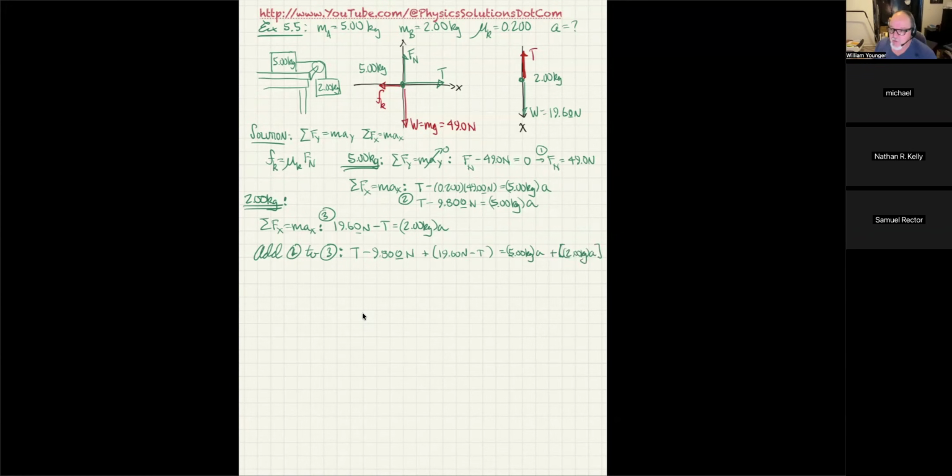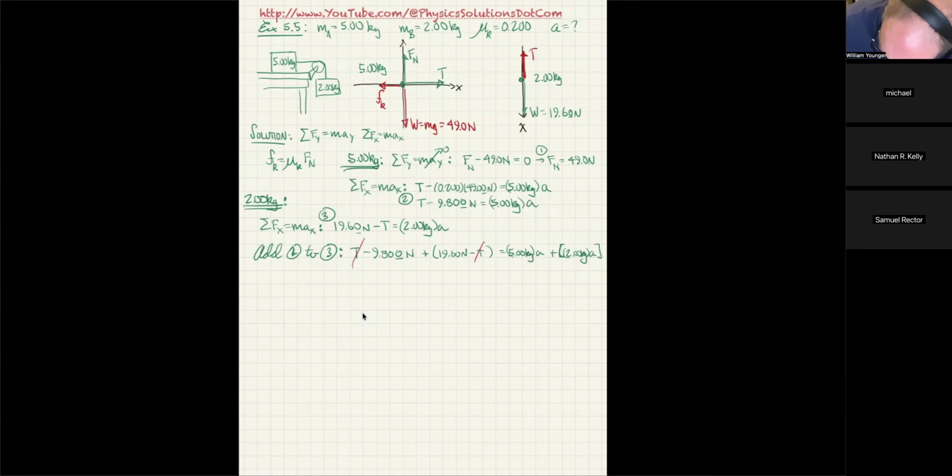So for the same reason that I added the parentheses before, I'm doing it on the right-hand side too. Not really relevant here because it's just a coefficient of positive 1, so nothing is going to happen by distributing. So I can now see that the negative T in here is going to cancel out with the positive T in here.